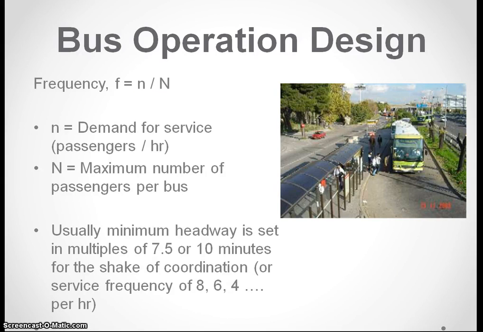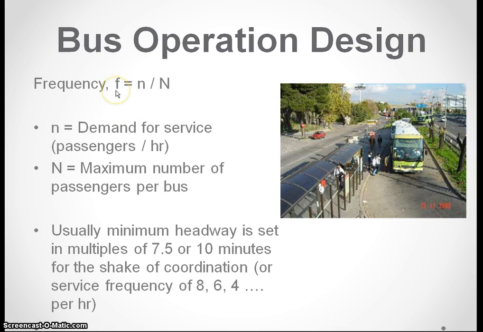Okay, now bus operation design. Of course, we have to provide bus service based on the demand. If the demand is too high, our bus will be very crowded. If the demand is too low, maybe it's not viable to give bus service. So this is a logical formula.